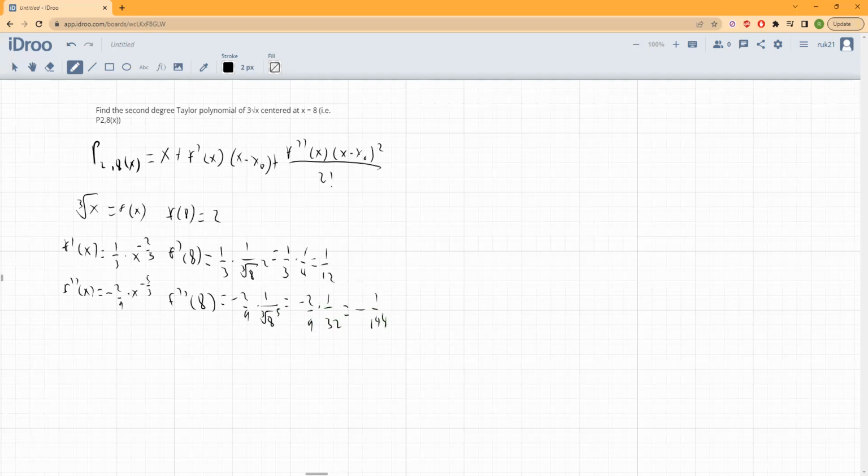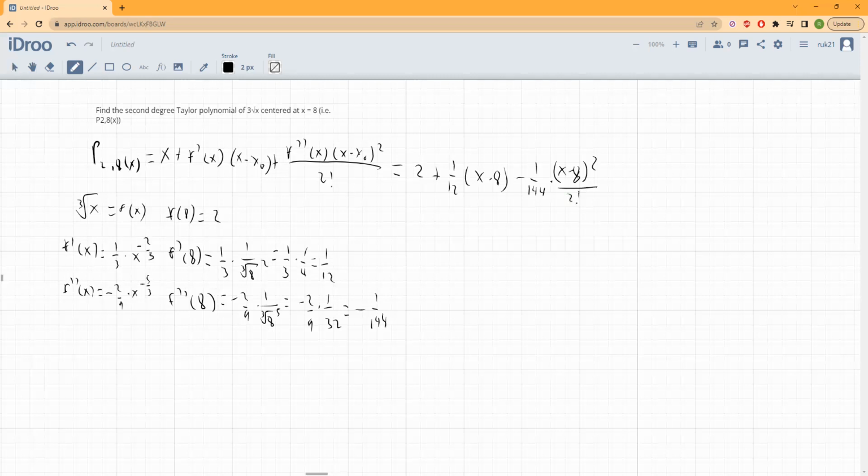Perfect. Now that we have all our values, we can go back to our original formula and fill everything in. Our f at 8 is equal to 2, so it's 2 plus 1 over 12 times x minus 8, minus 1 over 144 times x minus 8 squared over 2 factorial.